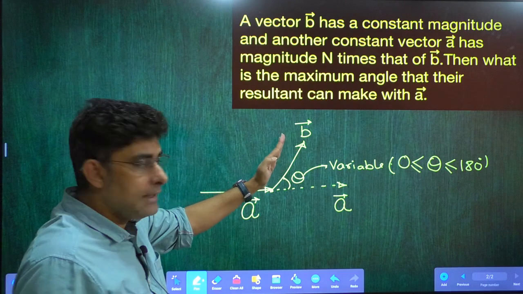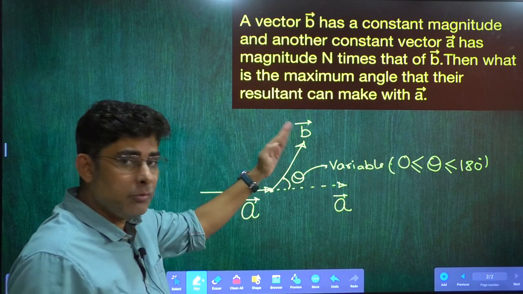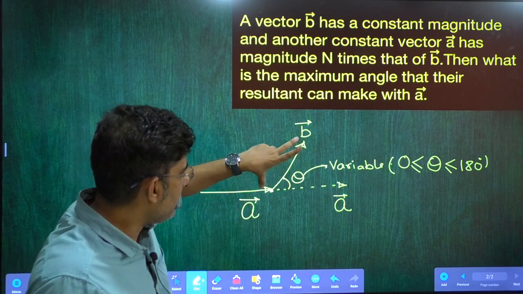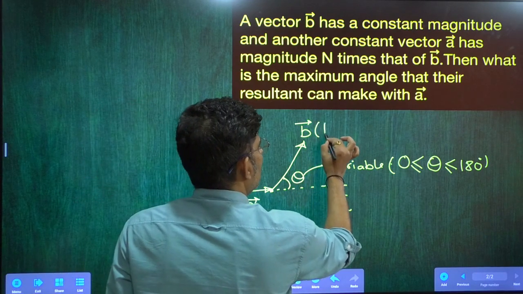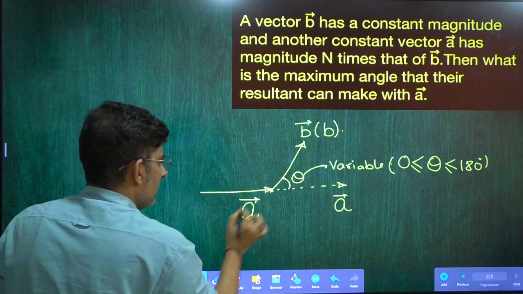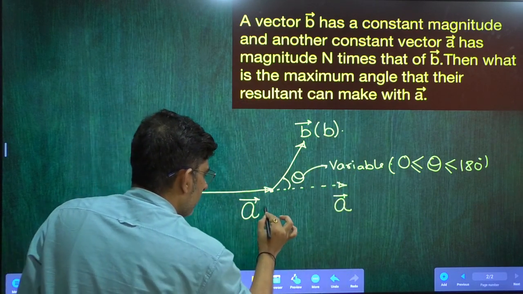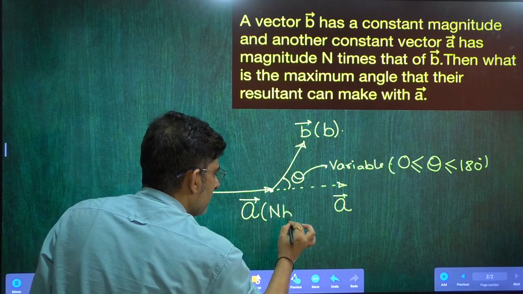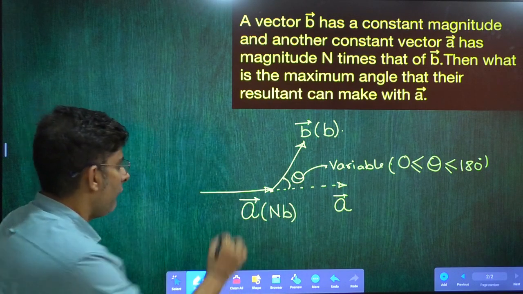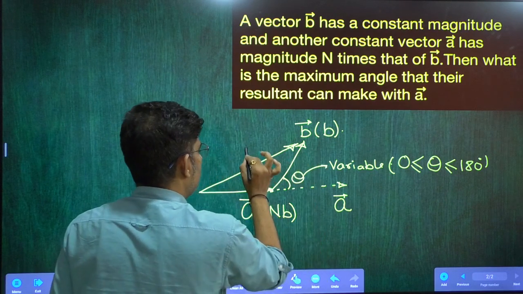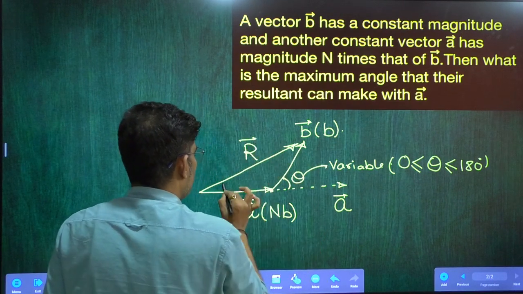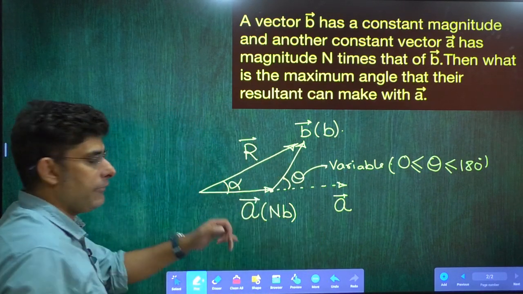So we can say that the tip of B vector will trace what? A semicircle whose radius will be equal to the magnitude of B vector. Let's call the magnitude of B vector as B. Now the magnitude of A vector is n times B, nB. When we draw the resultant by parallelogram law, this is the resultant R vector, making an angle alpha with A vector.